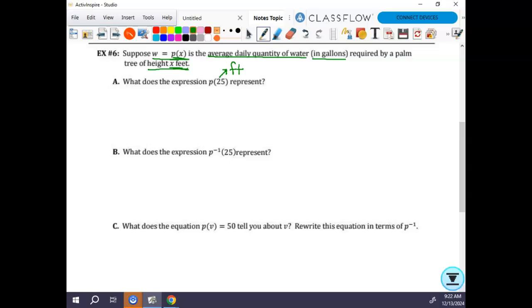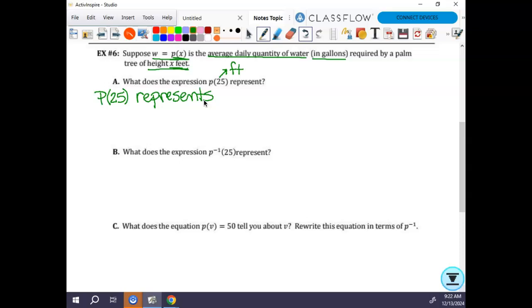Okay, so we can say that P of 25 represents. Does P of 25 represent the height? No. And we're not going to write out average daily required. That's a lot.